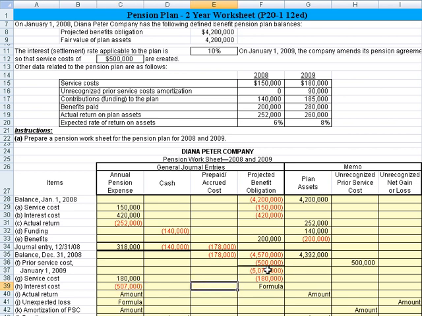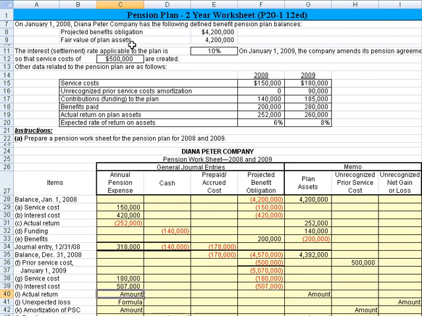So we've got a $507,000 amount, and I need to make that a negative amount so that it shows what the pension expense is, right? And then once we have that, that's an increase in our projected benefits, again, of $507,000, and we're in balance.